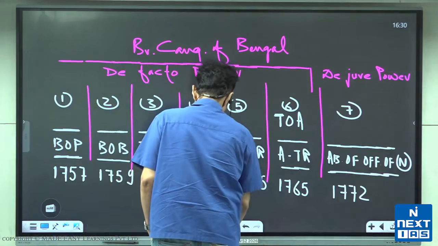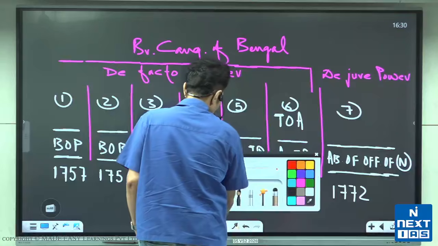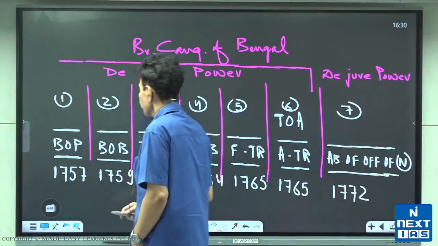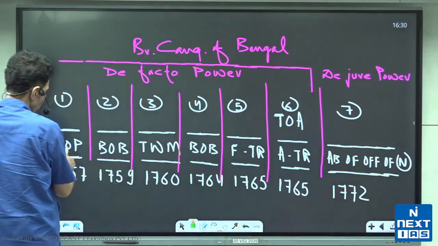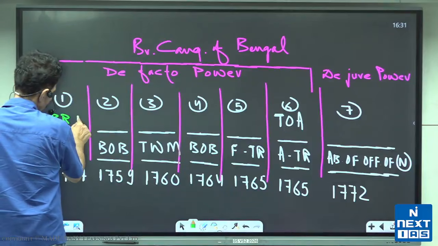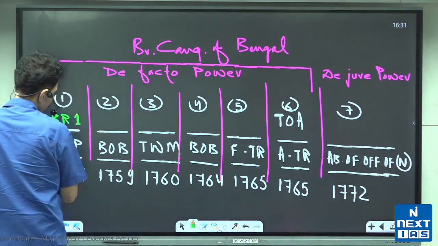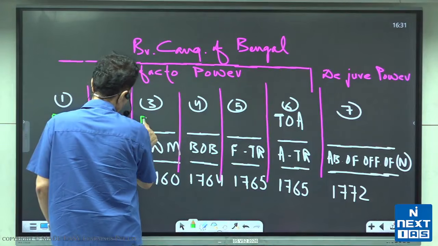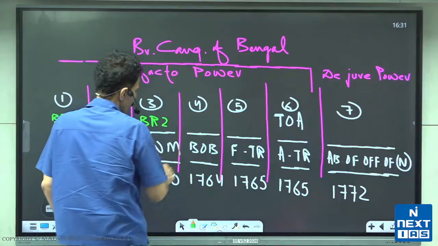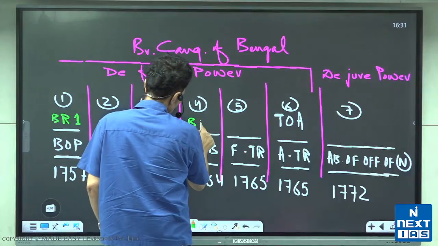Some historians have used the term revolution for certain events. Bengal Revolution 1, Bengal Revolution 2, Bengal Revolution 3.